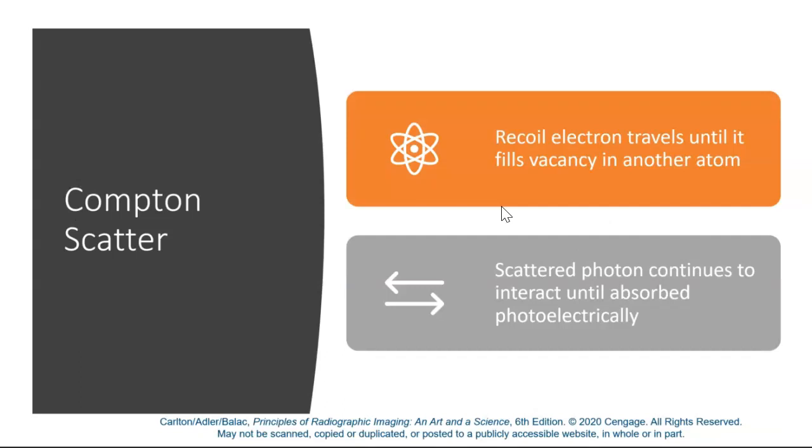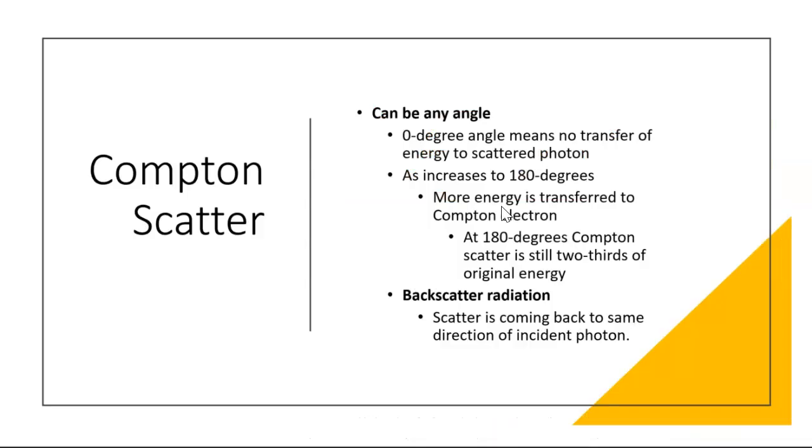Okay, so in Compton scatter, the recoil electron travels until it fills a vacancy of another atom. The scattered photon continues to interact until absorbed photoelectrically or exits the patient and exposes us as radiation workers.